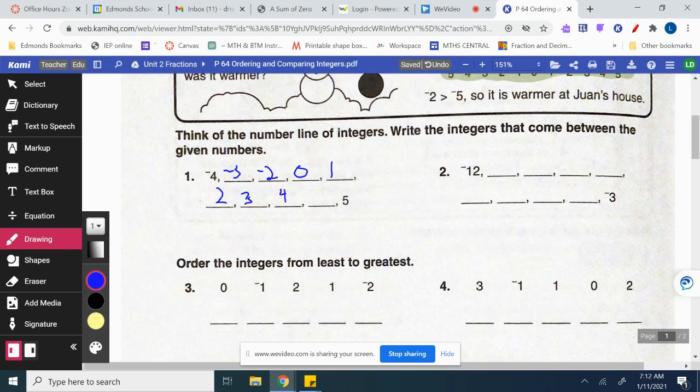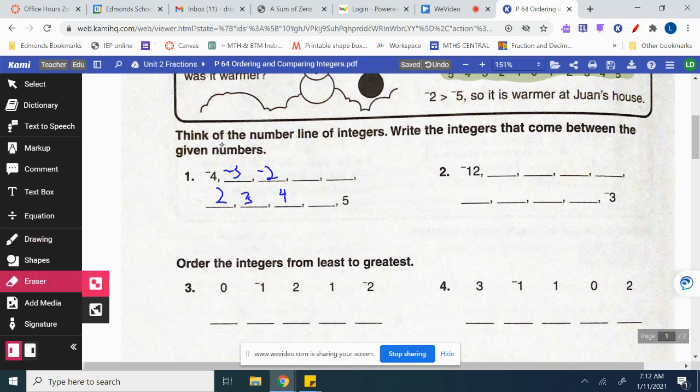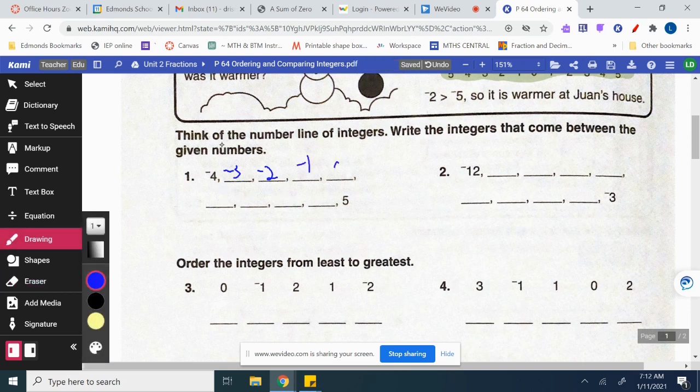I have a feeling I missed one. They gave us an extra space. That shouldn't have been there. I messed up. Silly me. -1, 0, 1, 2, 3, 4. My mistake. I forgot that -1.